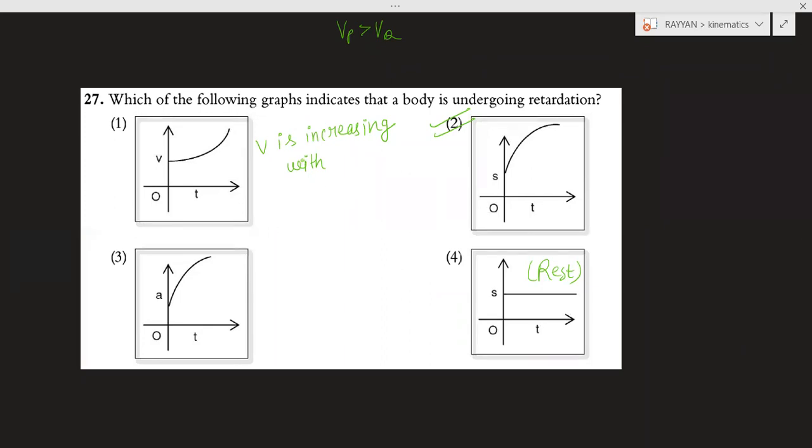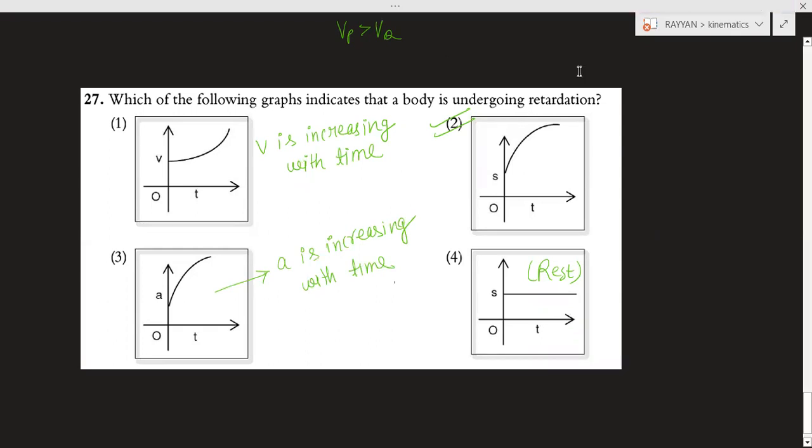V is increasing with time. Here in this graph, acceleration is increasing with time. And in the second graph, I am not going into detail because the curved graph will not be part of your syllabus, because here also we can calculate the slope.